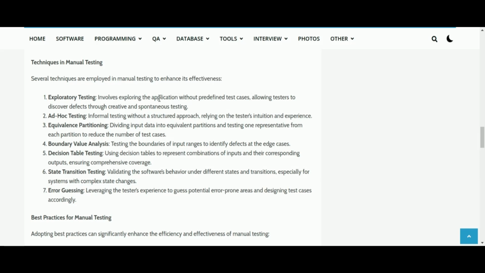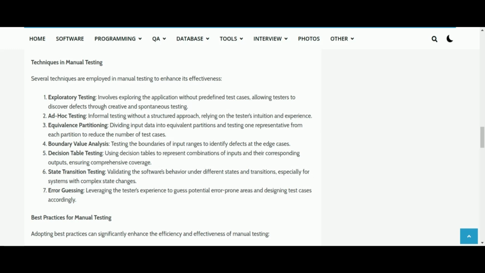Now come to this step. What is state transition testing? Validating the software behavior under different states and transitions. Understand?